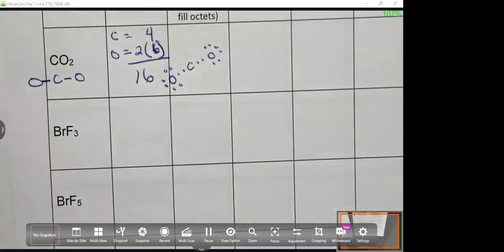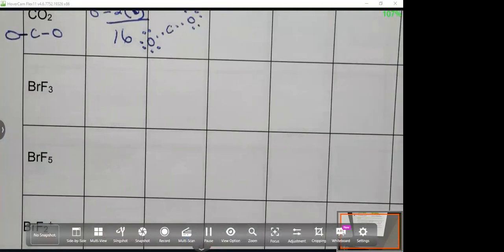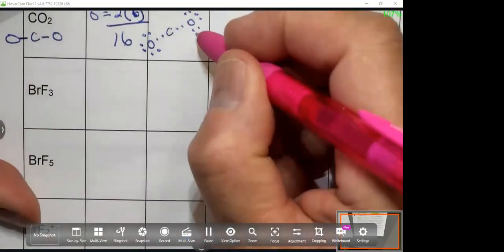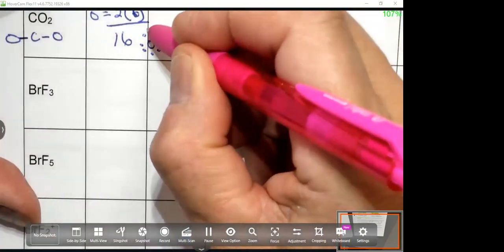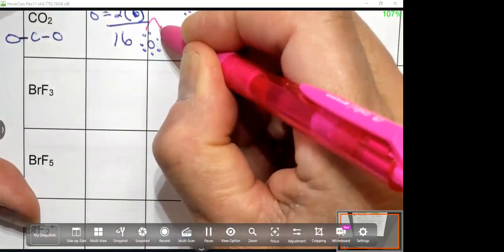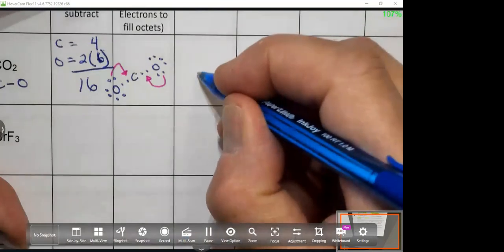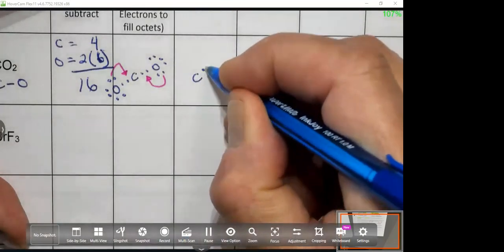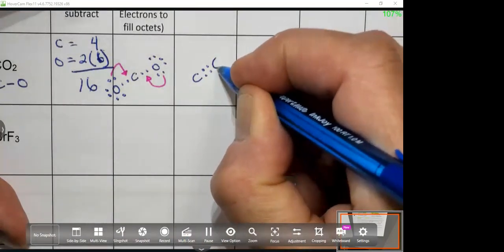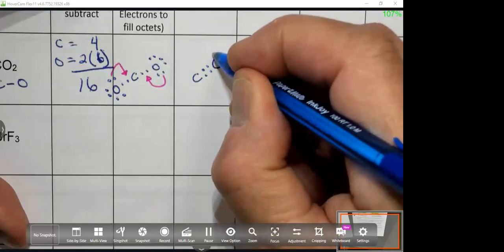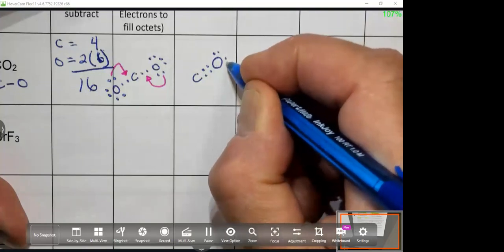Okay, so here's what we're going to do. We're going to form multiple bonds. Borrow 2 of these right here, and I'm going to put them in there. It doesn't matter which way you do this. When you do this oxygen right here, if you put the pairs as far apart as possible, you kind of put them at the corners like this.